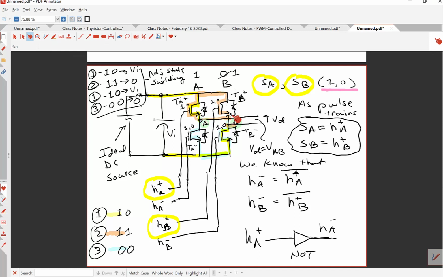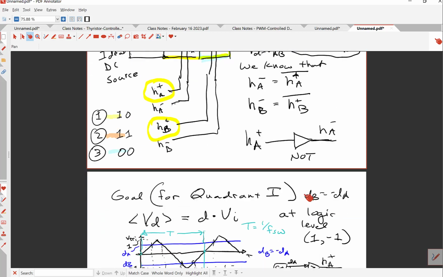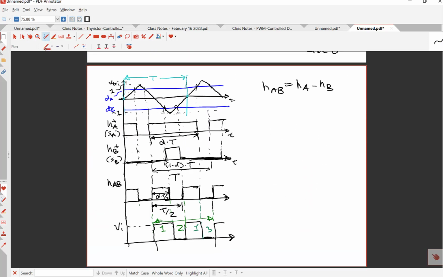We're also balancing out the losses in every device. That's what you do when you achieve adjacent state switching. So because we're switching this way, we're going to give this type of pulse width modulation approach a name. It's called unipolar PWM.